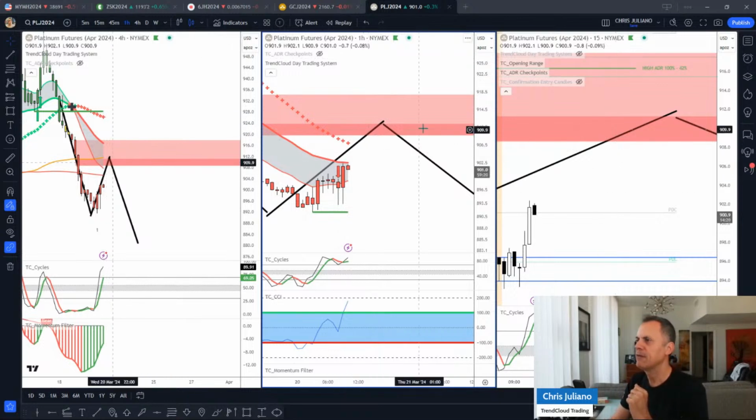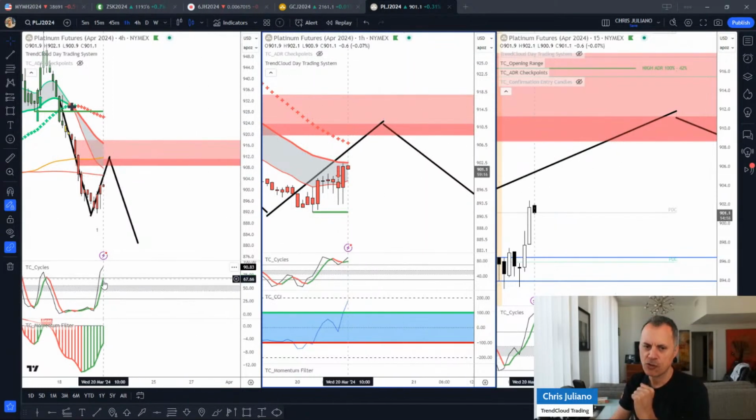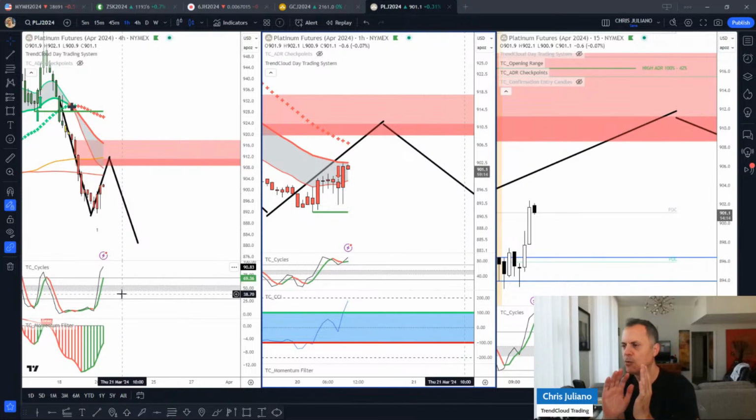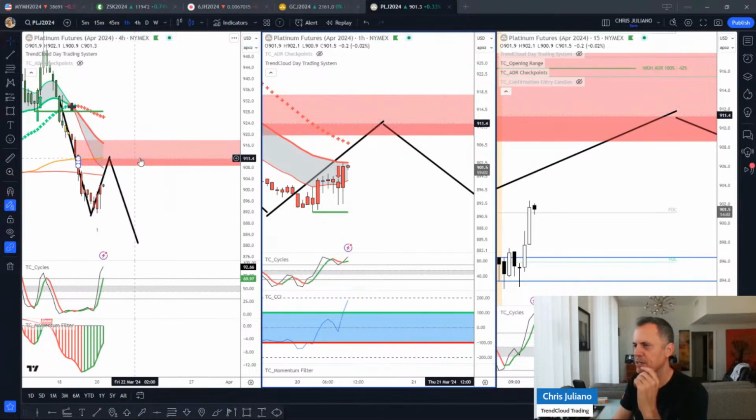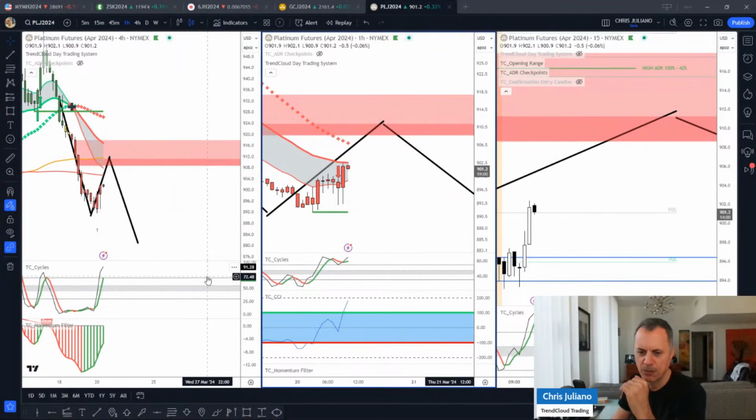That's why we wait for a reaction, and then we wait for that shift in momentum. And in order for all of that to take place, there's got to be some consolidation where this thing huddles around here, consolidates, and then we get the momentum shift. Then we start looking for those demand zones.